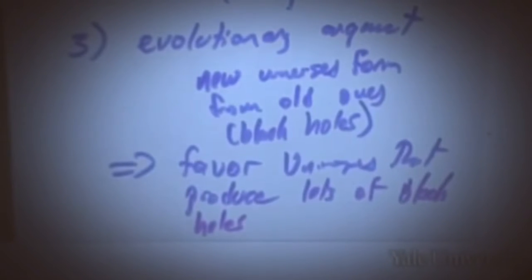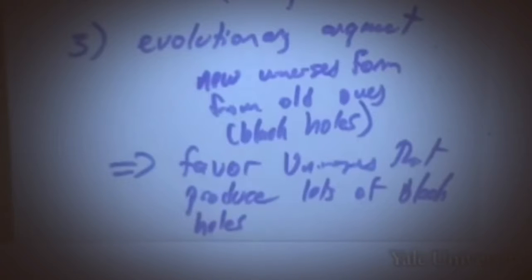And so there's a kind of survival of the fittest, not just for organisms, but for whole universes. If you're the kind of universe that produces lots of black holes, you're going to have lots of children. Then after this goes on for a long time, most of the universes in the multiverse will be the kinds of universes that produce lots of black holes.